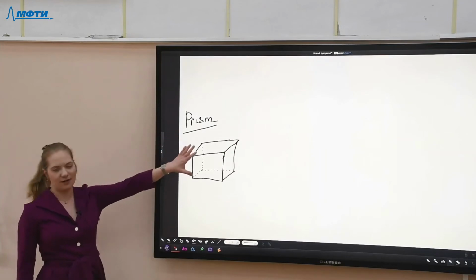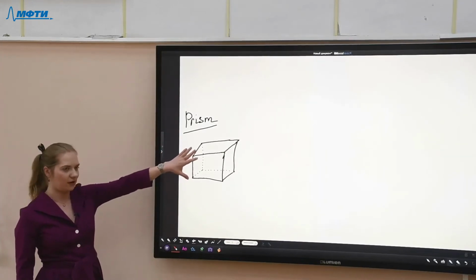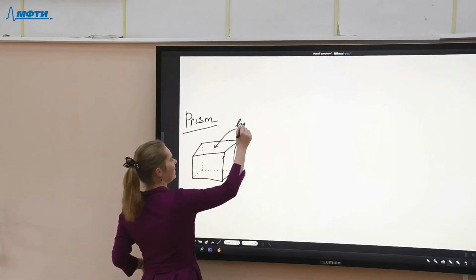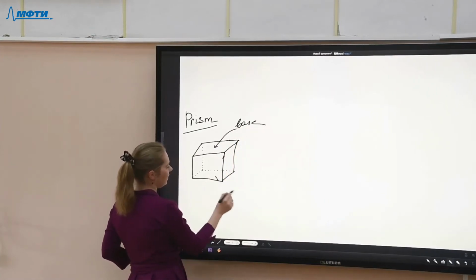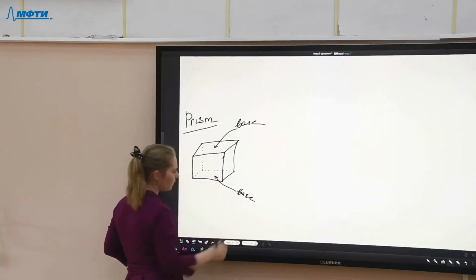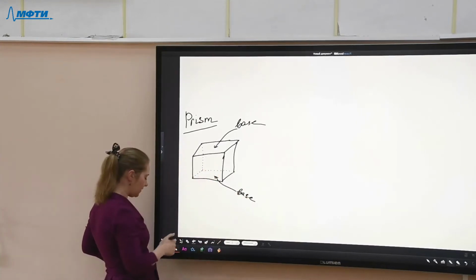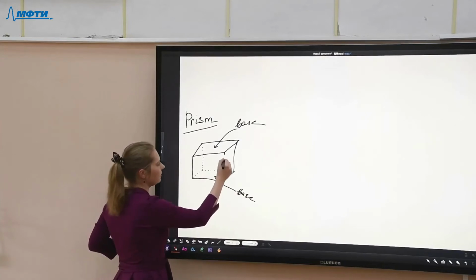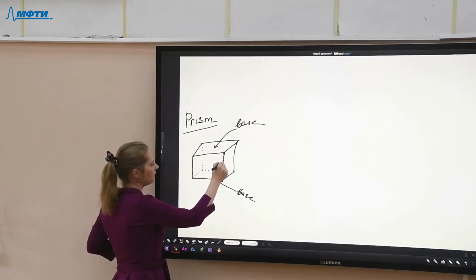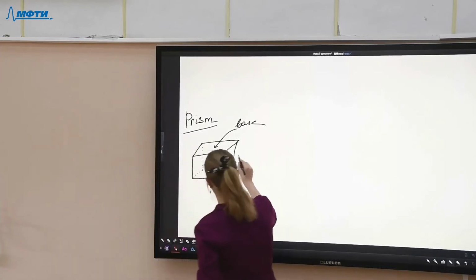These two parallel planes, these two parallelograms, are called bases. So this is a base, and this is also a base. These faces are also parallelograms.